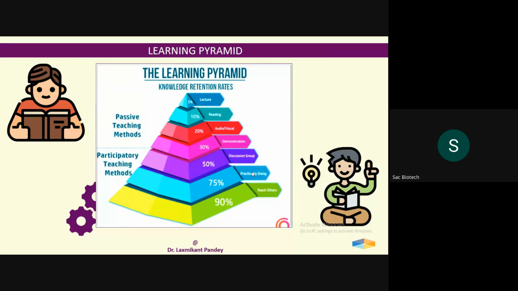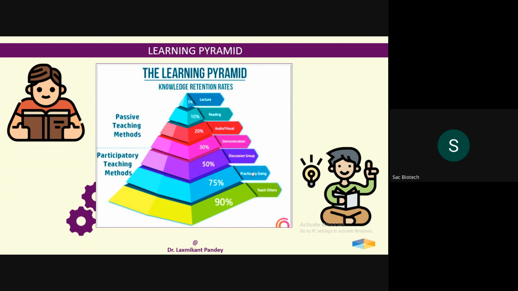But in the active, or participative, learning process, you are using different kinds of methods. That is called learning by doing. If the student is doing something and in that way trying to understand the concept of a particular topic, it is very easy for the student to retain those concepts and knowledge for a longer time.